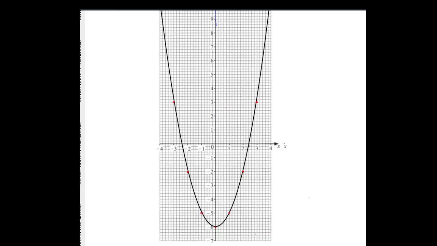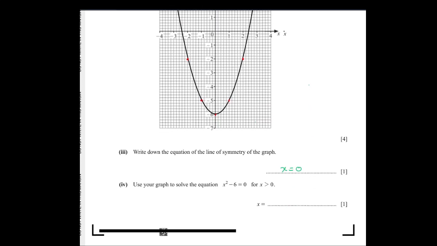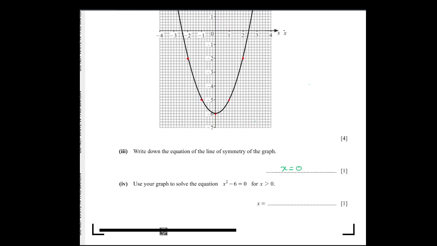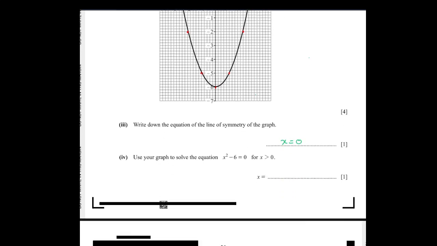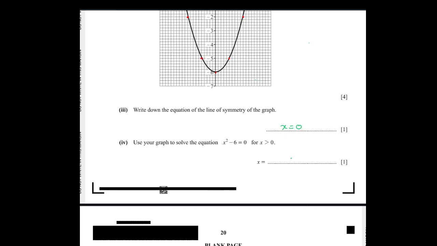It is crossing at 1, 2, 3, 4, 5 boxes. One box is 0.2, so it is crossing at 2.4. y is 0 and 2.4 is the x value. So you can write here 2.40. So the x coordinate is 2.4.